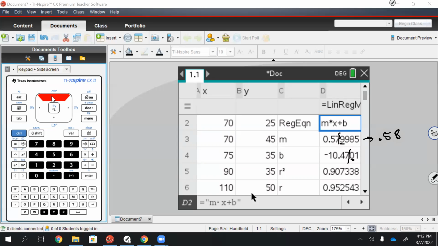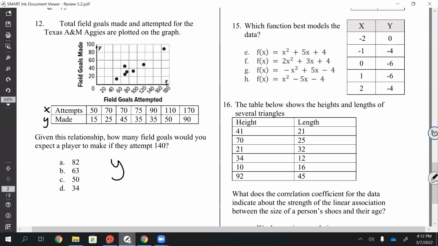So that's not going to affect the 7. So it's negative 10.47. So our equation, and I want you to write your equation on your paper, would be y equals 0.58x minus 10.47.